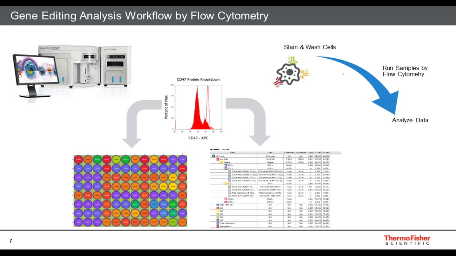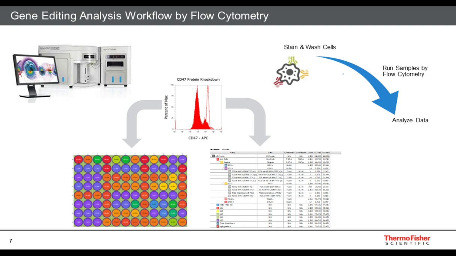And this is very high throughput. This is done using a 96-well plate. It doesn't require any additional reagents except for some flow cytometry buffer and an antibody. And you get a very nice quantitative, functional knockdown of your gene editing experiment.